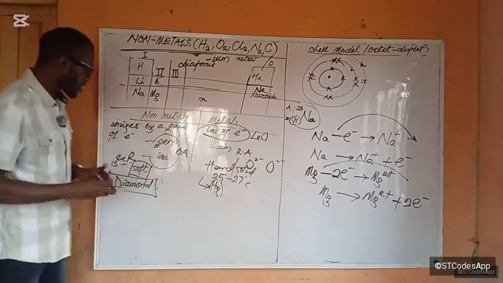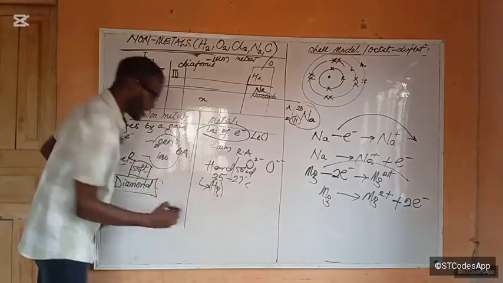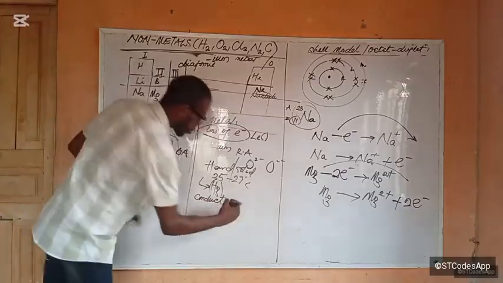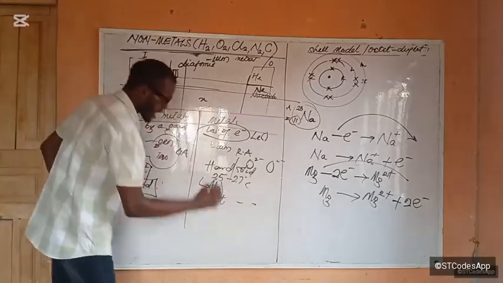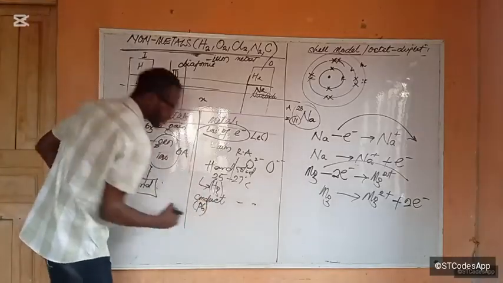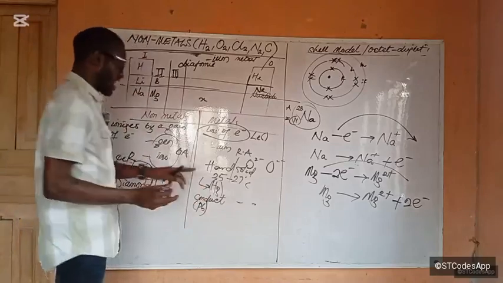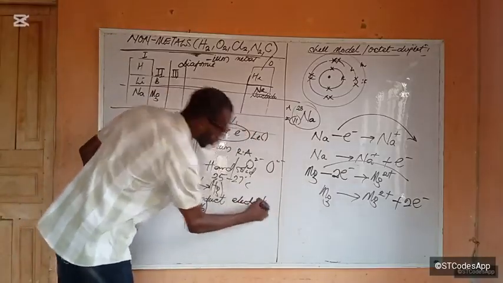Now, the next one is this, that these guys generally conduct electricity. They are good conductors of electricity. Now, there's an exception also. The exception here is lead, which is not a good conductor of electricity. They are also good conductors of heat.